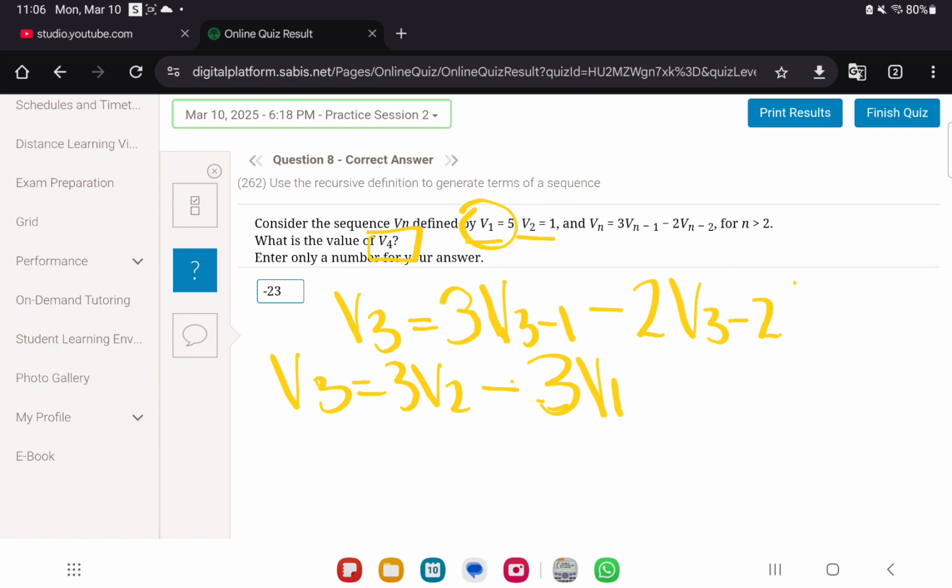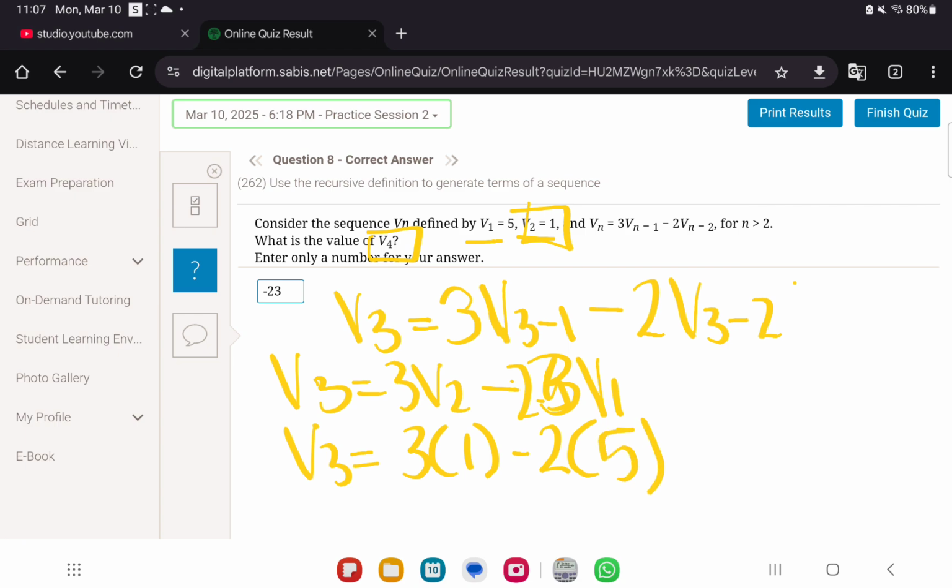So V3 is 3 times V2, which is 1, minus 2 times V1, which is 5. Here V3 equals 3 minus 10, V3 equals minus 7.